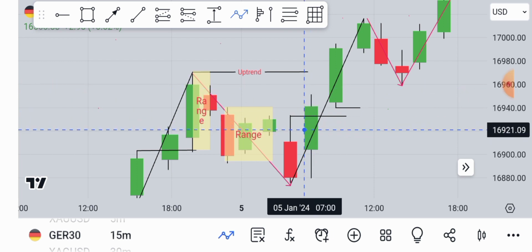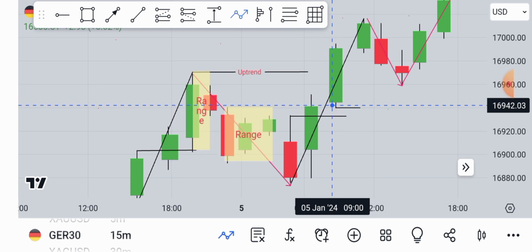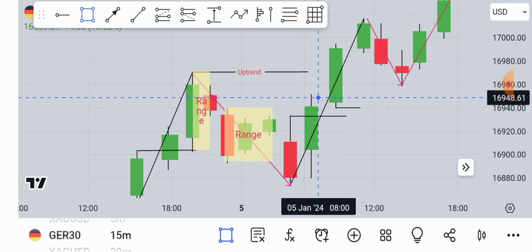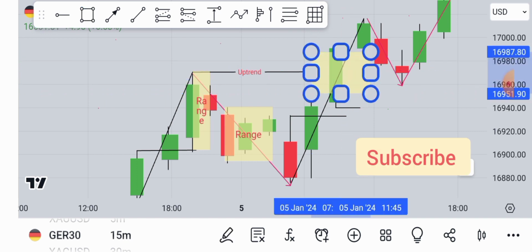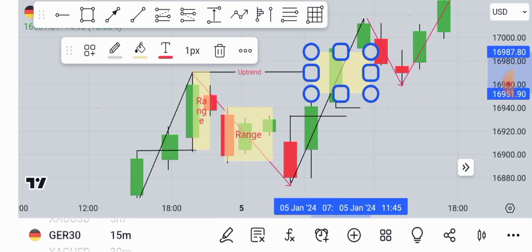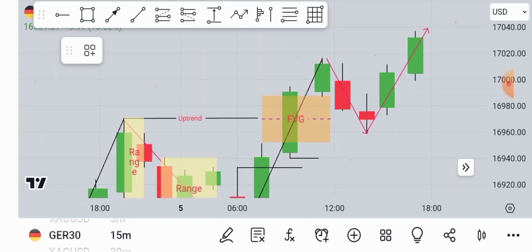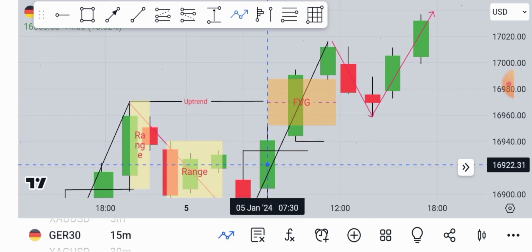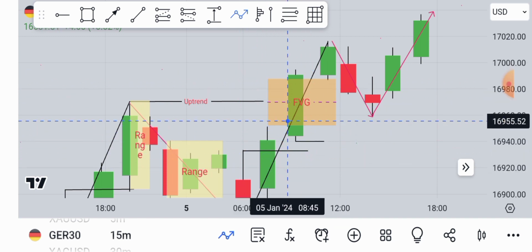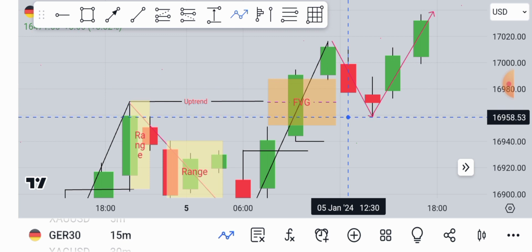And then these three bull candles have also made an imbalance between them, from this high to the next low, which makes it an FVG, a fair value gap, which also means an imbalance between buyers and sellers. So we must either come fill this one or this one by correcting the move downwards.